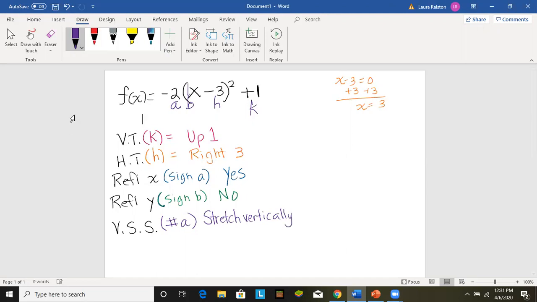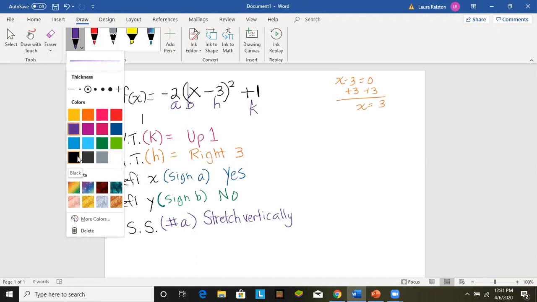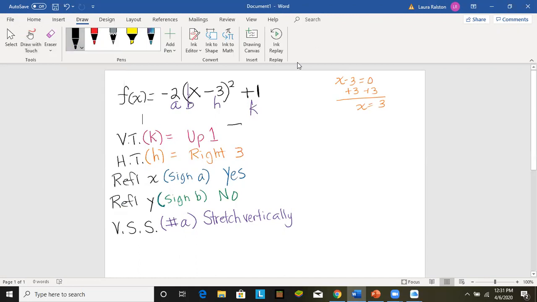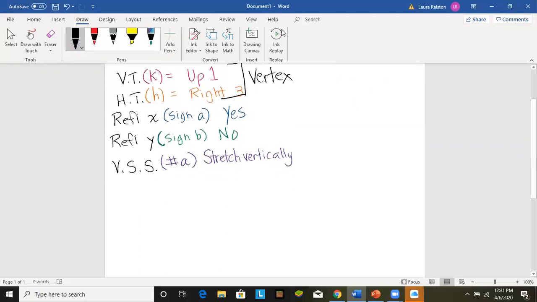Now, I go through all that to get to this point. Okay, if you look at this vertical translation and the horizontal translation together, that's going to give us our vertex. Because if I go to graph this particular equation, and let me see if I can draw us a grid.